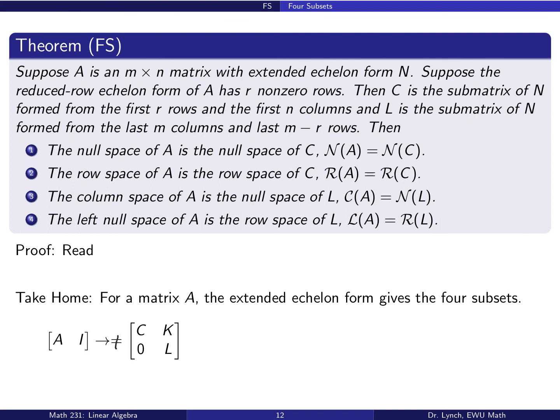This should not be here, this should just be an arrow, right? Take A, augment by the identity matrix, reduce it, and the matrix C and matrix L from our reduced row echelon, extended echelon form give the four subsets.